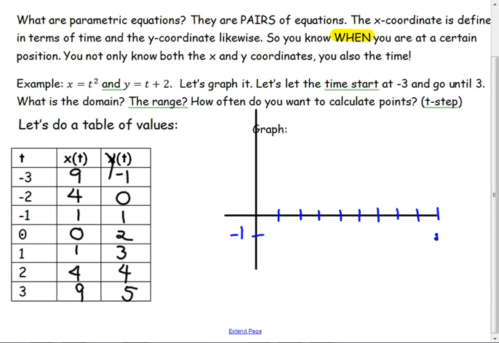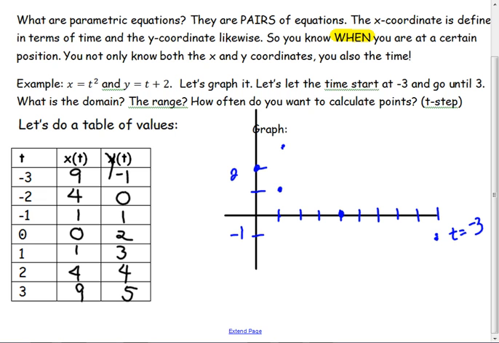When time is -2, x equals 4, and then y is 0. Then when I'm at x of 1, I'm at 1 on the y. When I'm at x of 0, I'm at 2 on the y. And when x is 1, I'm back to 3.